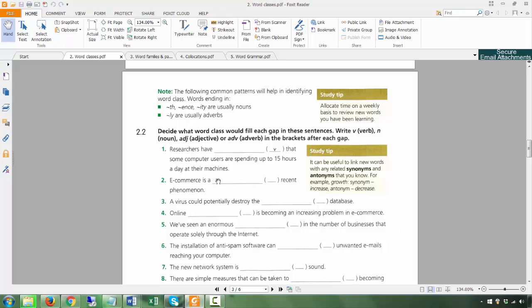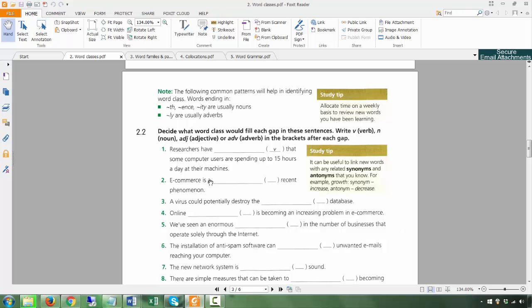Actually, if you are aware of English and how the English sentence is constructed, you would basically know roughly what kind of word class this word is. Okay, and I will go through the answers with you, and I'll analyze in greater detail why you should know that this is of this word class. But try it by yourself first.